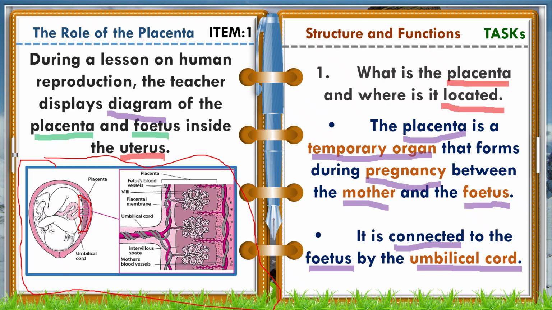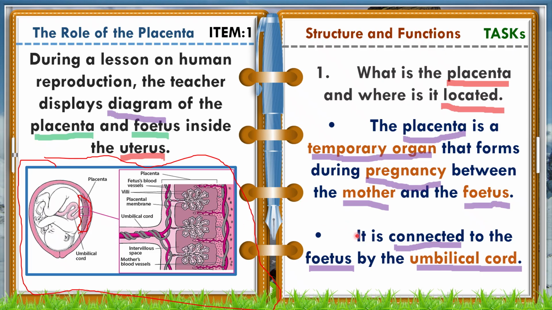When you go back here, you will see that this is the uterus, the uterine wall, and this is the fetus, and what is this one? This is the placenta. It is the connection between the mother and the fetus.